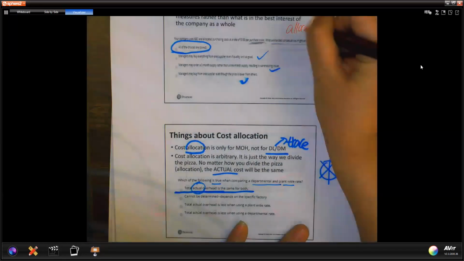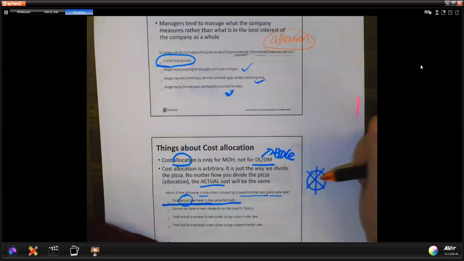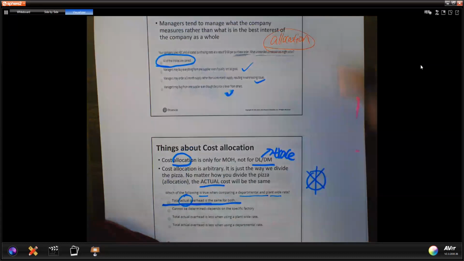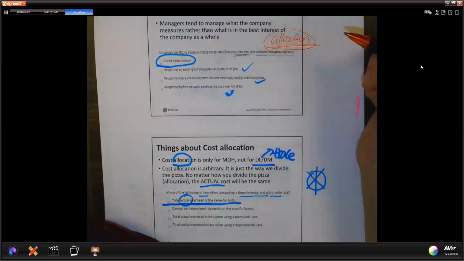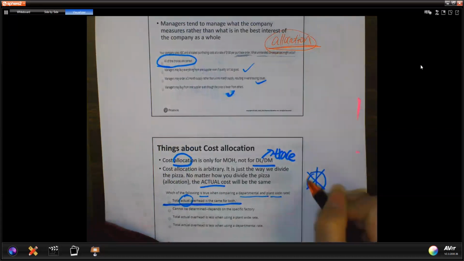Remember, allocation is just how you divide the pie. No matter how you allocate it, your actual pie is still this big. That is the keyword: your pie is this big. You can allocate it half and half, quarter and quarter, or into 6 pieces or 8 pieces.